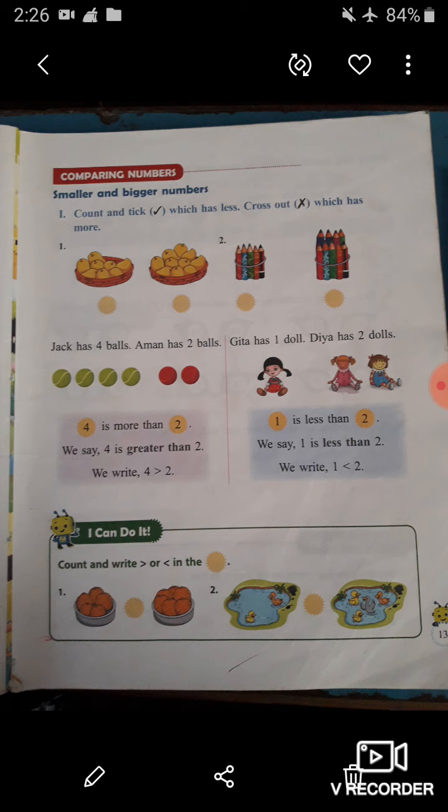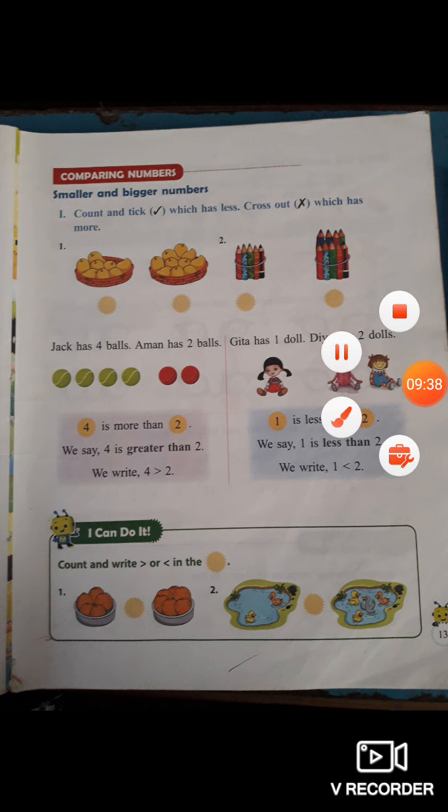Jack has 4 balls, Aman has 2 balls. So students, here Jack has 4 balls, the green balls, and Aman has 2 balls, the red balls. So here the number 4 is more than 2, so we say 4 is greater than 2. So we write 4 is greater than 2. Similarly in the second, Geeta has 1 doll, Diya has 2 dolls.